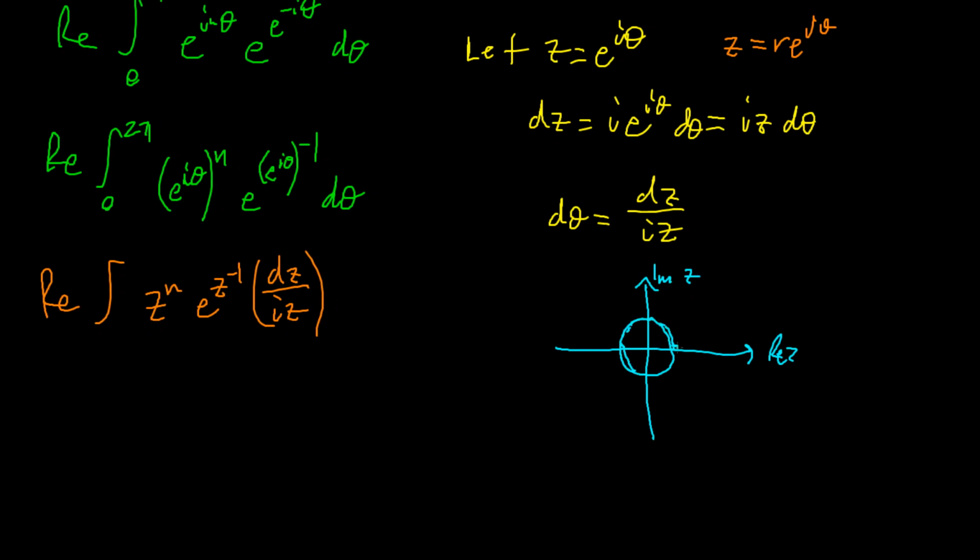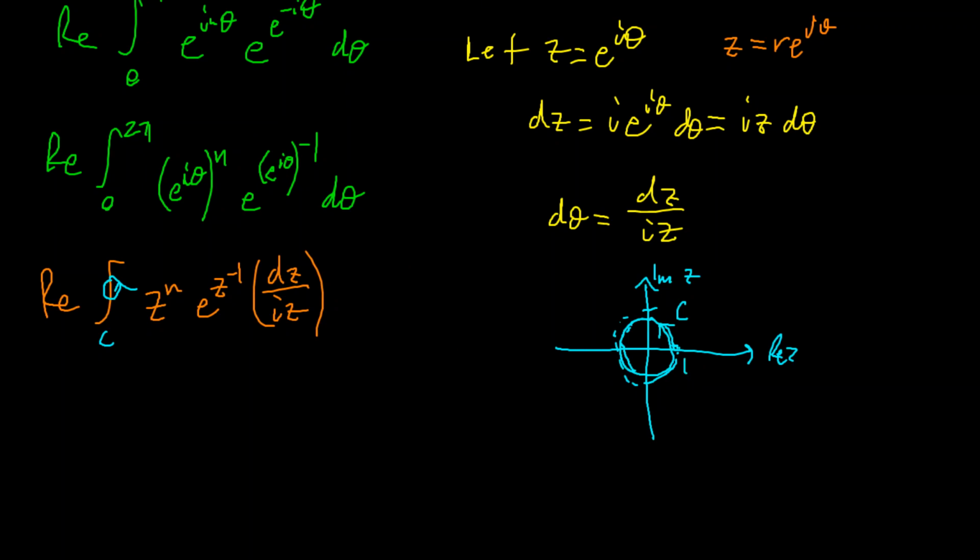It went from 0 counterclockwise all the way to 2 pi. So this is now a contour integral along the boundary, which is a closed loop integral. Oh, and it's radius 1.